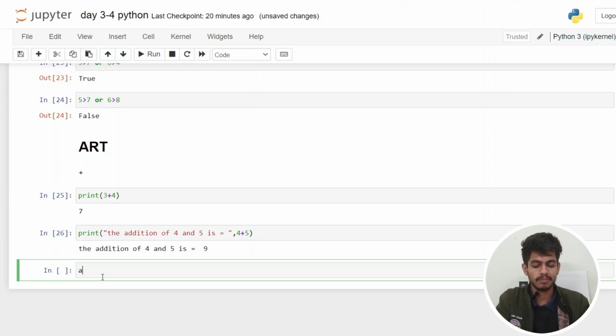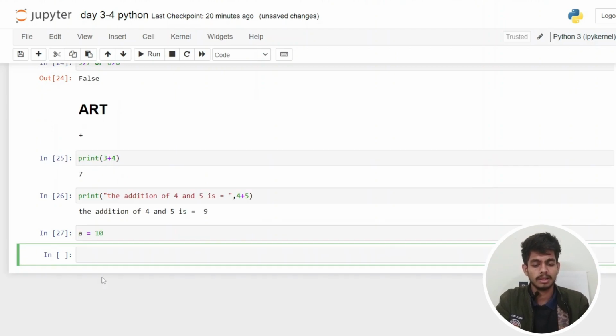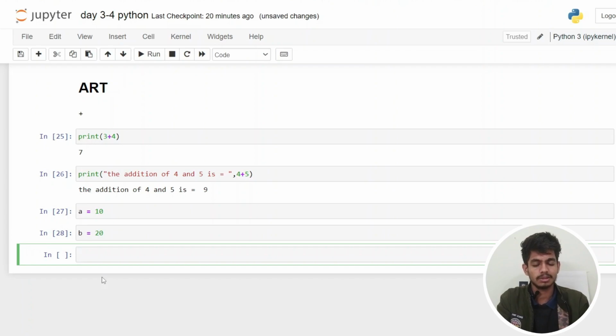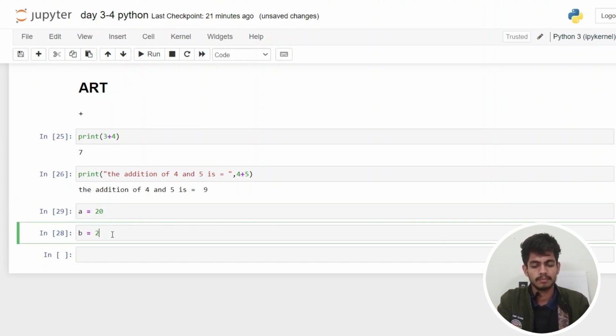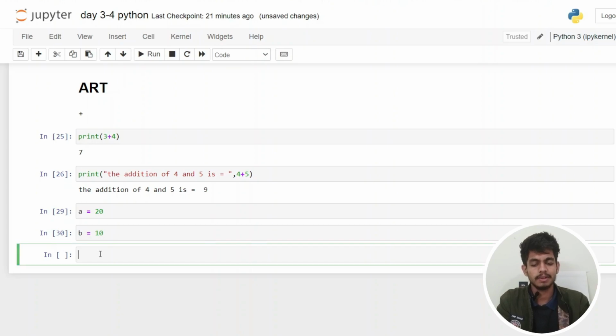Another way of writing this code: we create operand a. In operand a we declare the value 10 with the help of equal. So in a we have 10, in b we have 20. We are using these two values in all the operators, like minus operator, multiplication operator or division operator. So a and b store the values 10 and 20.